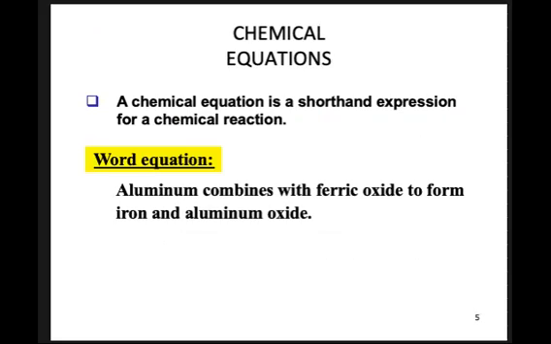Now here, I did not discuss this in the previous video. Ferric, ferrous. If the transition metal ends with IC, the higher charge is being used.